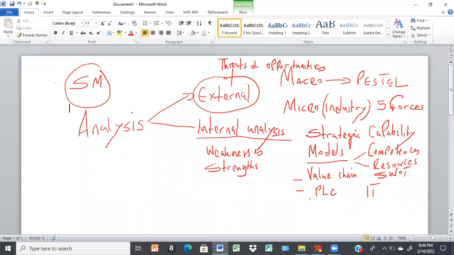So this is what we mean by analysis. It's the external and internal analysis of the company, so that we can identify the strengths, the weaknesses, the opportunities, and the threats, so as to develop strategies. So in the exam, we may be asked to carry out an internal analysis or an external analysis.